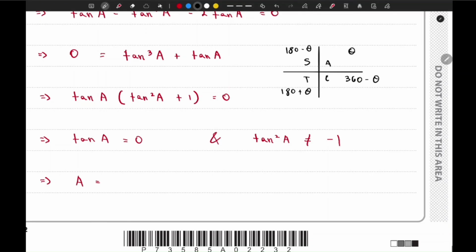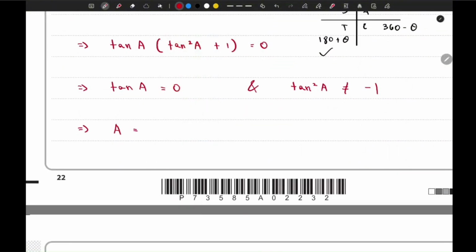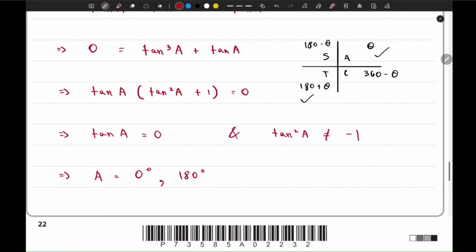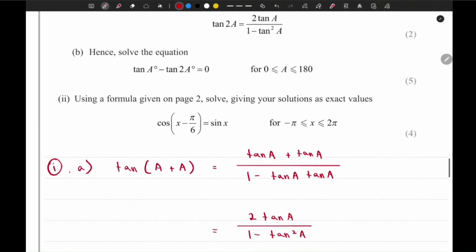So one of the solutions will be this and this one. Tan inverse 0 will give us a value of 0. So theta itself was a solution, which is 0 degrees. And the other value is 180 plus 0, which is 180 degrees. These two solutions both lie in this range. So that is the answer to part B.